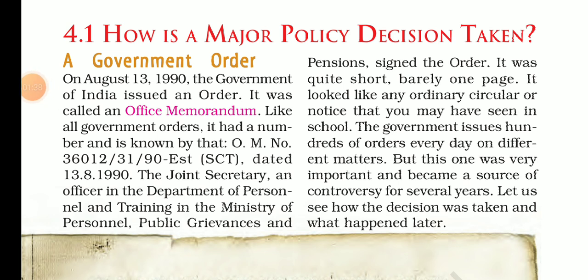What is government order? It is also known as office memorandum. A communication issued by an appropriate authority stating the policy or decision of the government. This is office memorandum.